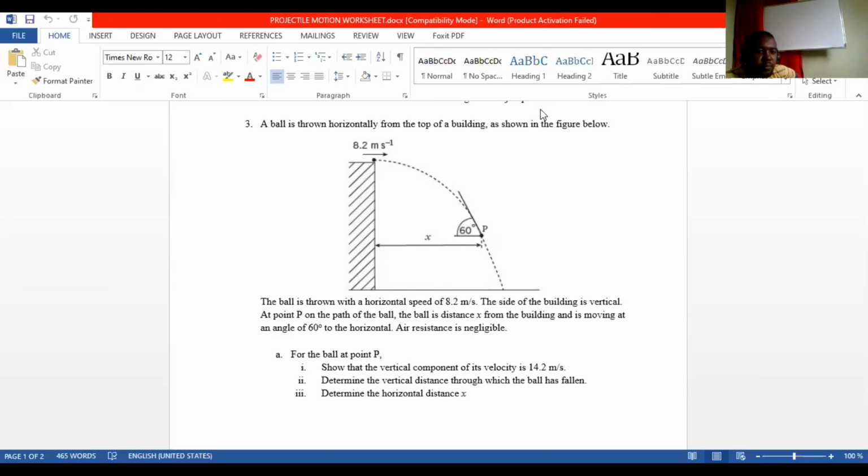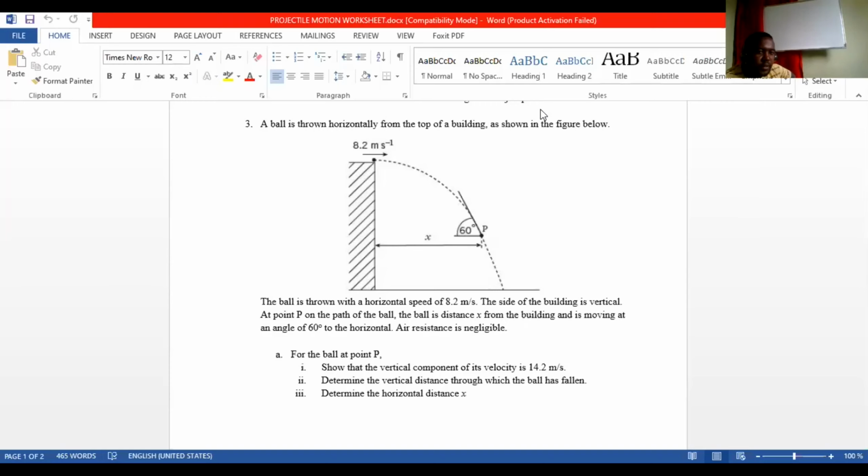At a point P on the path of the ball, the ball is a distance x from the building and is moving at an angle of 60 degrees to the horizontal. Air resistance is negligible. For the ball at point P, show that the vertical component of this velocity is 14.2 meters per second.